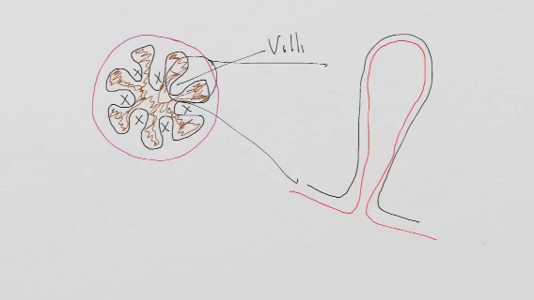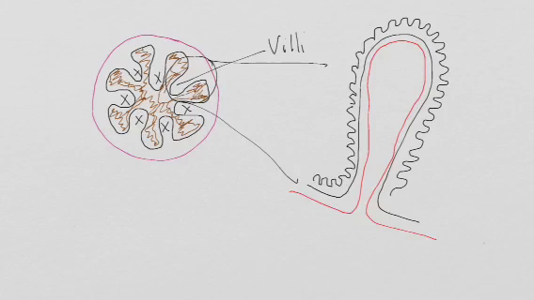And the really cool thing here is that to increase it even still, on the surface of these little guys we've got these tiny little microvilli, which act the same way as the villi do, in that they increase the surface area.